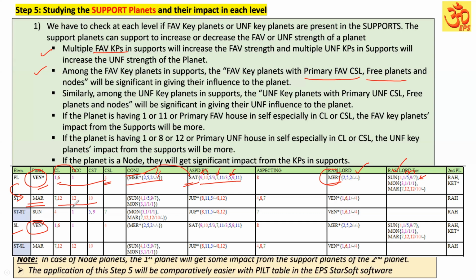So now we have to check whether this Mars is getting any support from a planet which can support this Mars. You can see Mars is conjoined with the Sun. Sun is the primary cuspal sublord key planet and also Moon. So they are all supporting the 7.